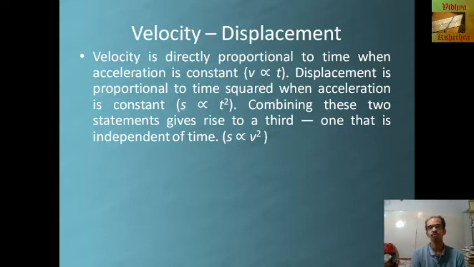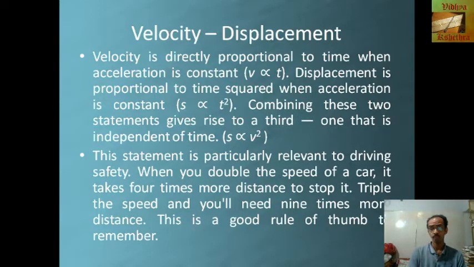Then the second equation of motion gives the relation between displacement and time, which is displacement is directly proportional to the square of time. Now combining these two statements gives rise to the third equation of motion, which is independent of time. That is, displacement is directly proportional to the velocity whole square.